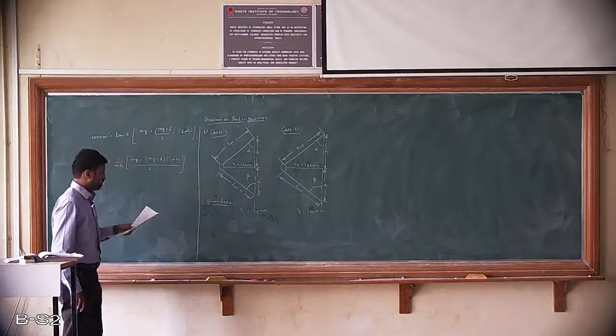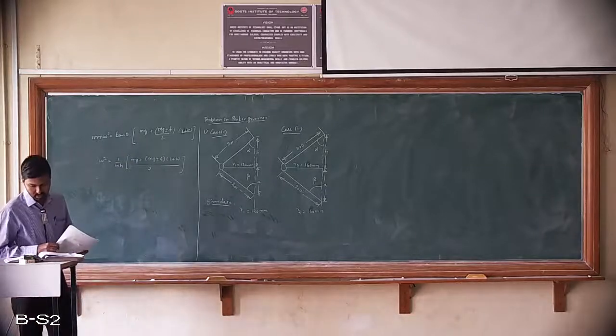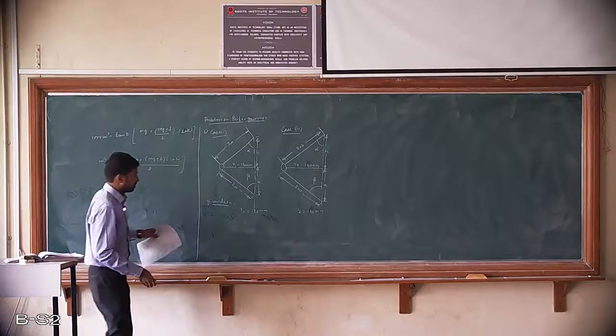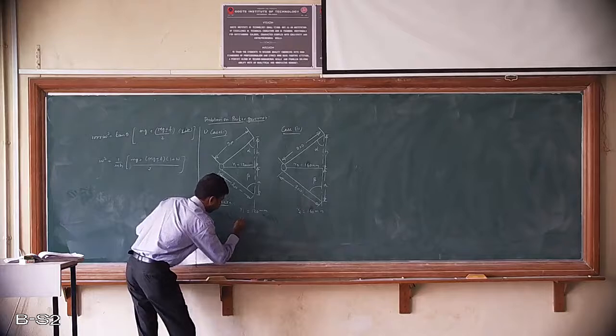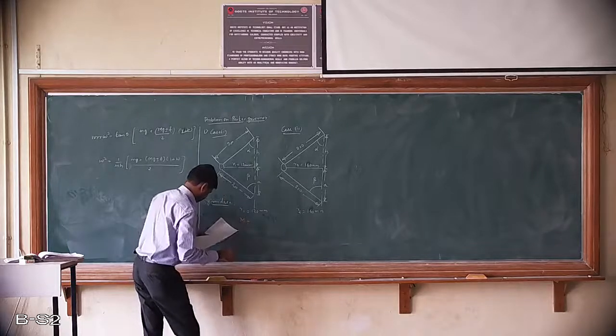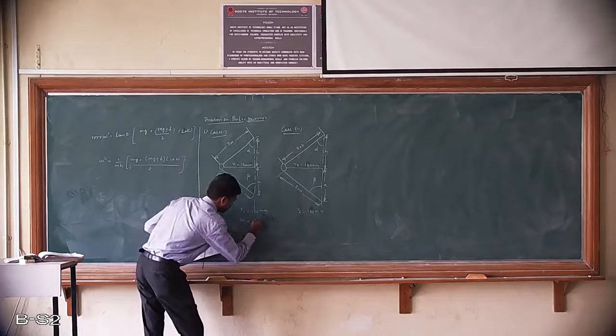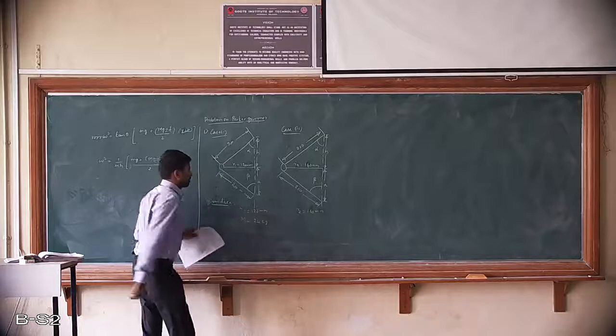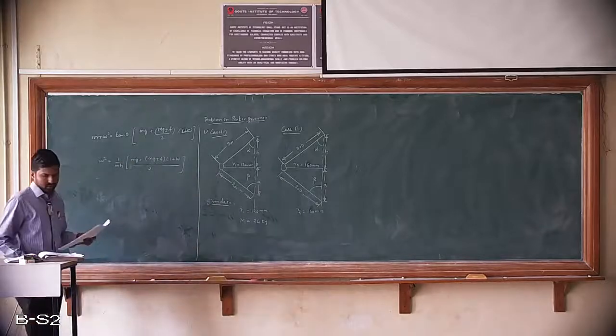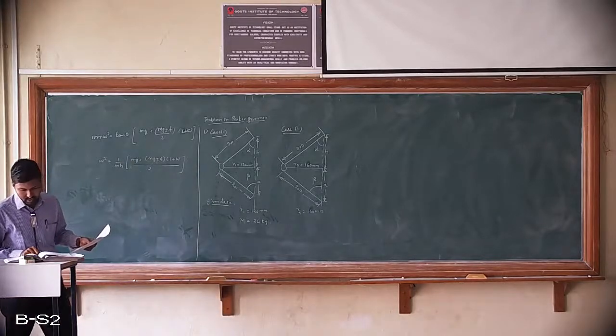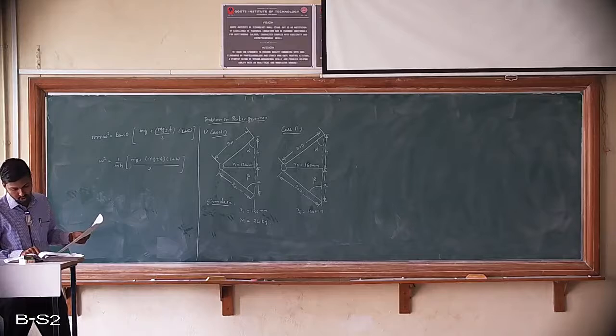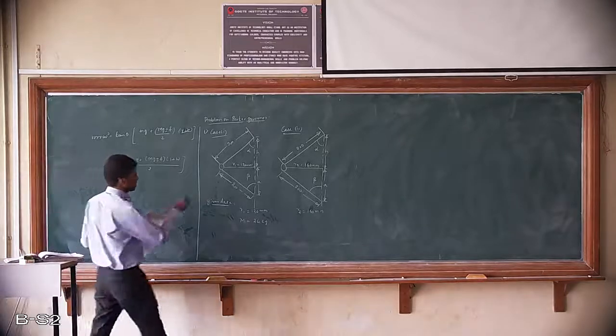The next, mass of the sleeve is given in the problem statement. The mass of the sleeve, we are going to mention it as capital M and it is given as 24 kg. Then one more data is given: the mass of each ball.